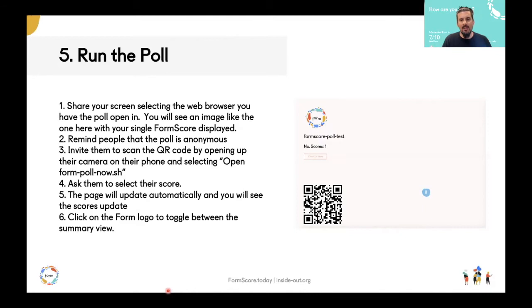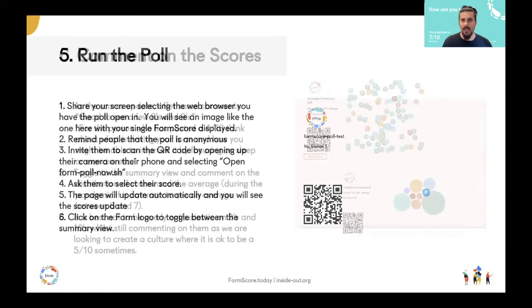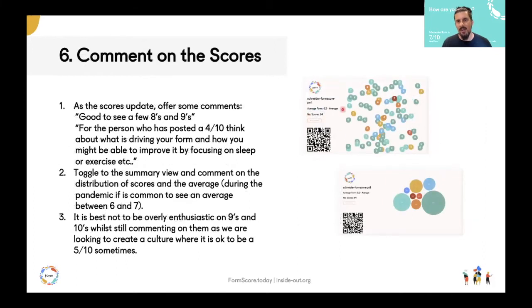So what will happen is this page will populate, and we'll see the numbers start popping up in here. We can see that's the 8 out of 10 that I populated it with, but it will update live. And what you can do then is click on the logo to toggle to the results page. So as we see it populated there, that was a poll that we did, averaging 6.2, 94 people participated in that poll.